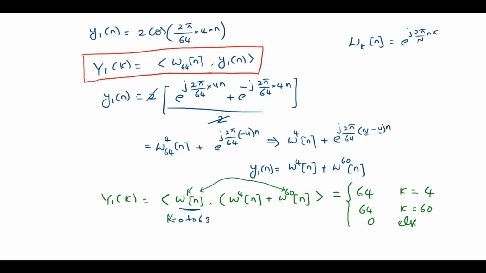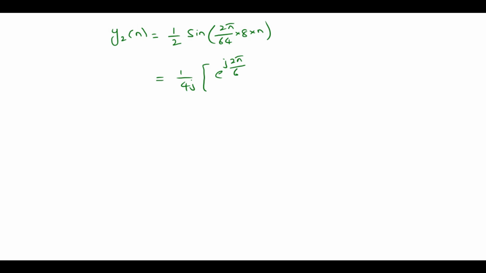In the same manner, see the Y2 of n. Y2 of n has amplitude 1 by 2 sine of 2 pi by 64, and we have 8 cycles, so 8 into n. Writing in terms of exponentials, it is 1 by 4j into e power j 2 pi by 64 8n minus e power minus j 2 pi by 64 8n.